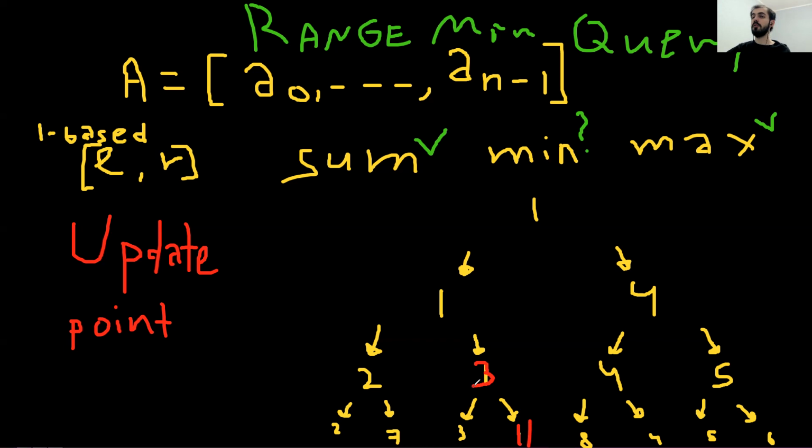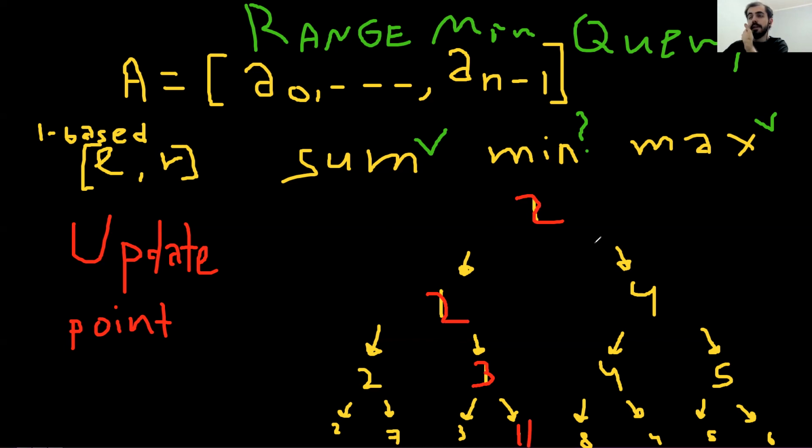Here we say, oh, new minimum is 3, new minimum here is 2, new minimum here is 2. So we only changed a logarithmic number of values in our segment tree when processing point updates. So if you have only point updates, you can get away with just this.